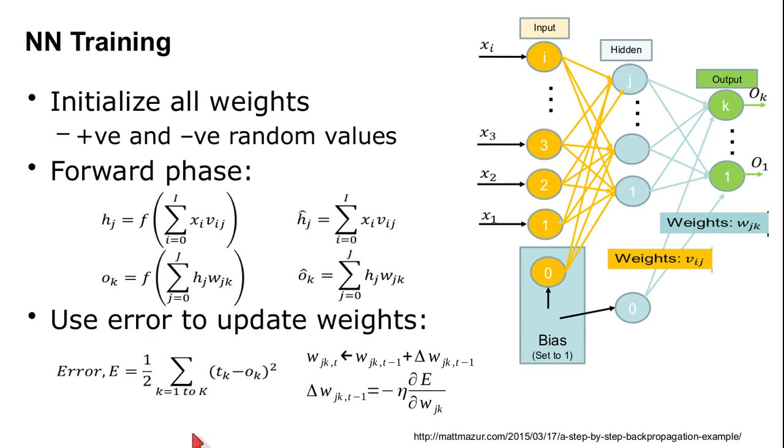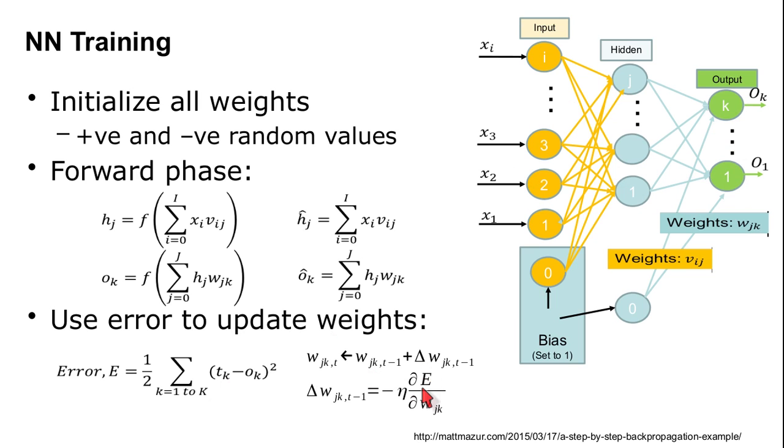The error measure used to update the weights is obtained in this manner. It's essentially the sum of squared error, which is given as half of the summation over every output node. You're taking the square of the true value expected at every output node minus the output obtained at that node from the neural network. And this error value is used to update the weights.